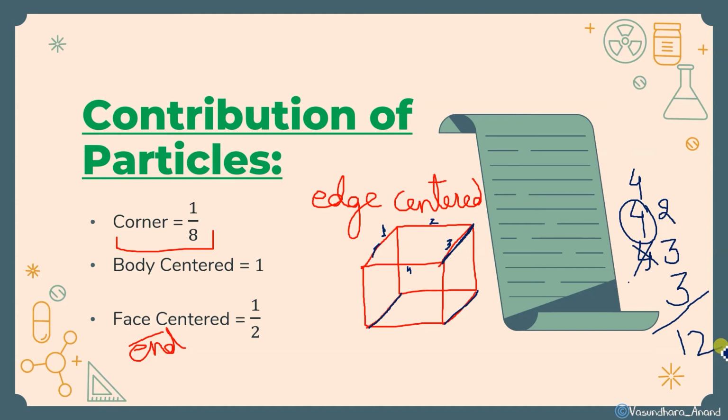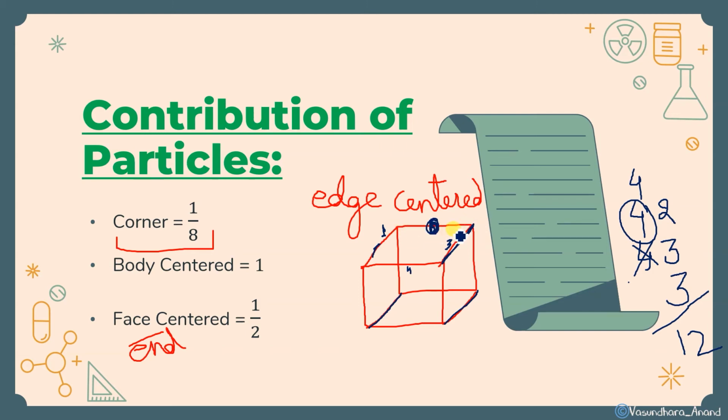Okay. So if the lattice site is in between, in the center of the edge, that means the particle is going to be like this. So what will be the contribution of this edge in one unit cell? Think of it. This edge is common in 4 unit cells, isn't it? एक इसके ठीक पीछे होगा और 2 इनके ठीक ऊपर जो होगा, इनमें ये common होगा.